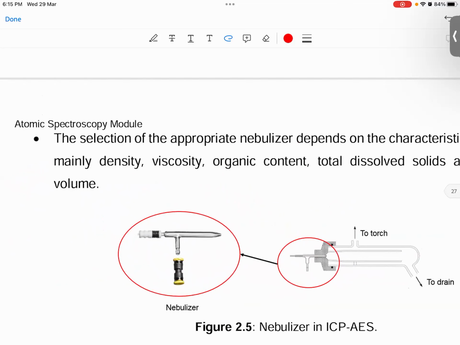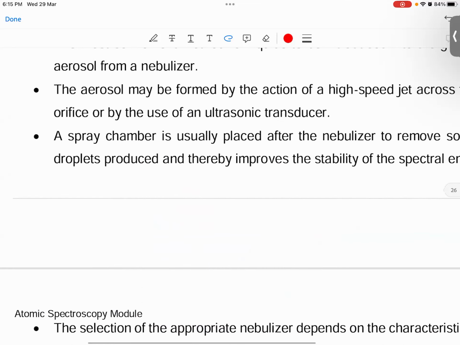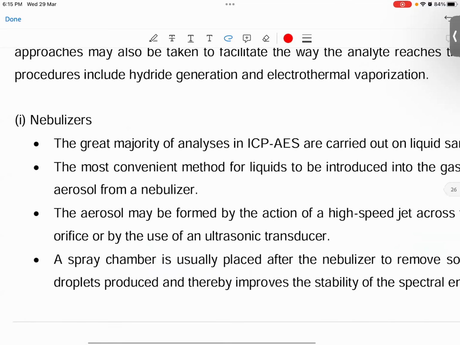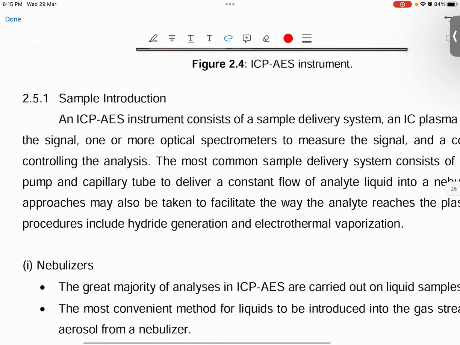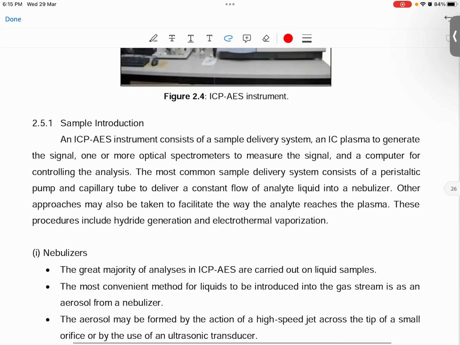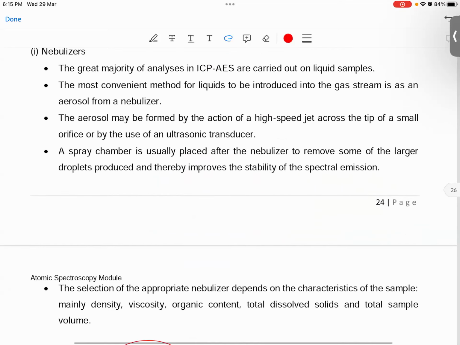If the nebulizer is working fine, then your samples will be aerosolized before being converted into gas as well as atoms. The nebulizer will of course be part of the ICP. The one that we want to discuss is the plasma.